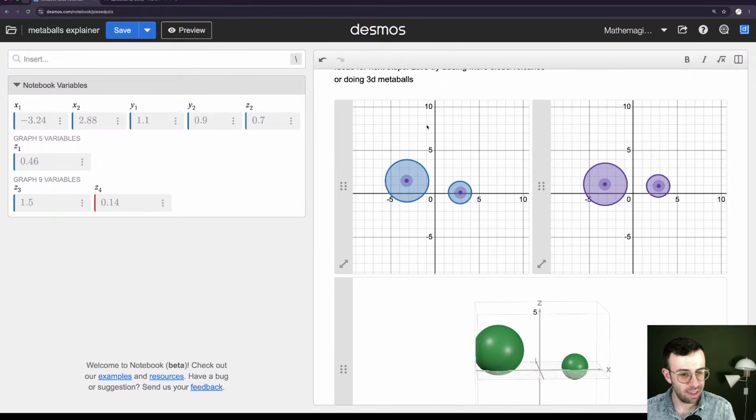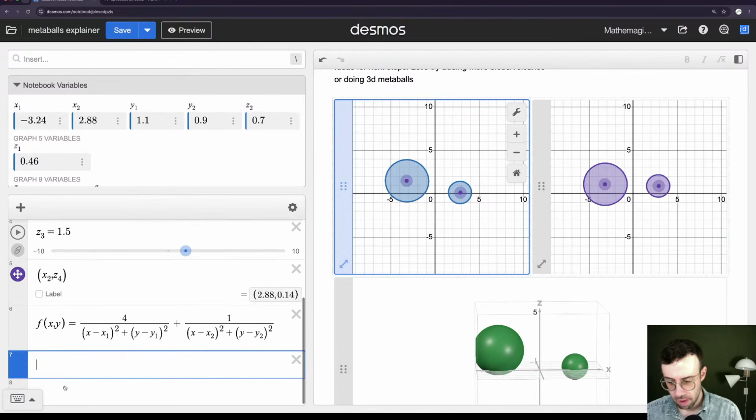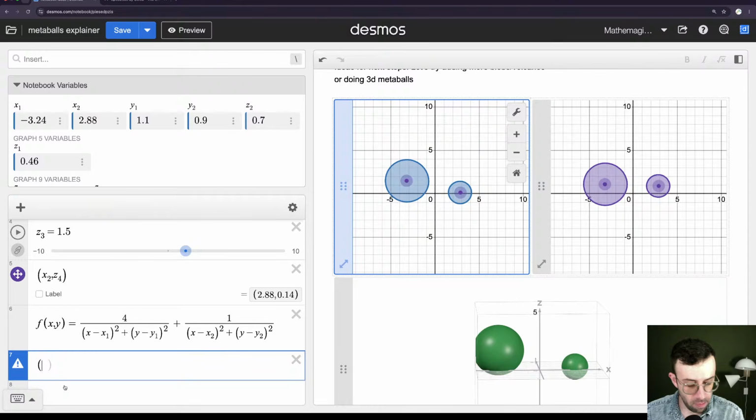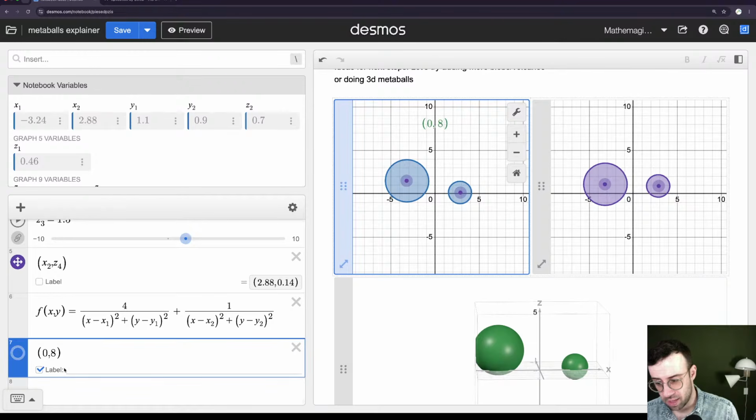I guess I could label the y-axis as Z or something if I wanted to. Like I could turn that off, but make a label. Do something like that.